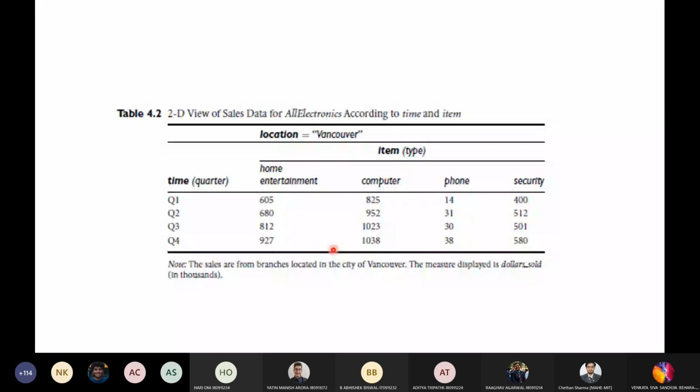So these things can be viewed with the help of a data cube. This particular thing shows the same data of table 4.3 in terms of a cube.